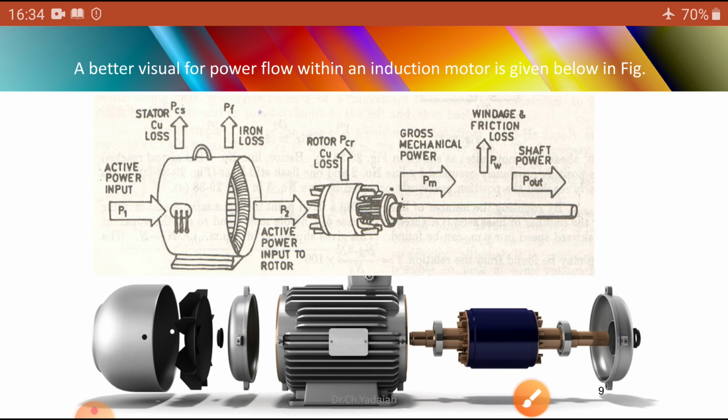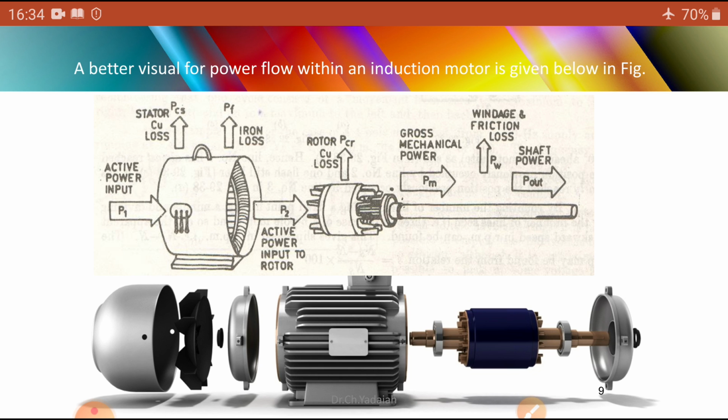Dear students, it is simple; this we already discussed in the synchronous motor. Okay. In any motor, it is the same: how the electrical energy is converted into mechanical energy. We know that energy cannot be created or destroyed, but it can be converted from one form to another.